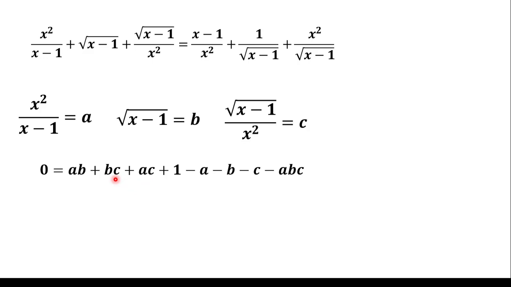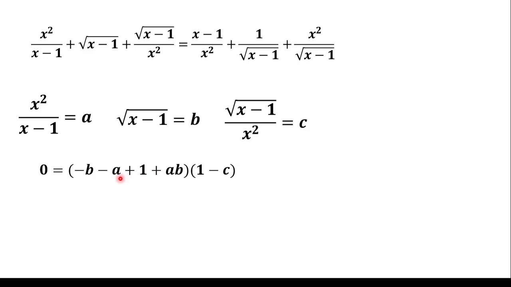And we can factor minus c from bc, ac, minus c, and minus abc. As you know, minus b minus a plus ab is common factor, so we can factor it.